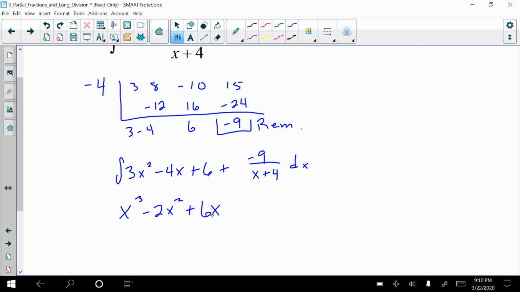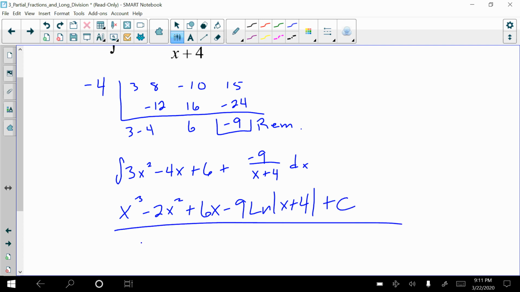And the antiderivative of the ratio will give me a -9 times the natural log of x plus 4. And then we add our constant because we have an indefinite integral that we're doing. And that is your solution. That is your integration with division. And I want to say division because there's nothing saying that you have to use long division.